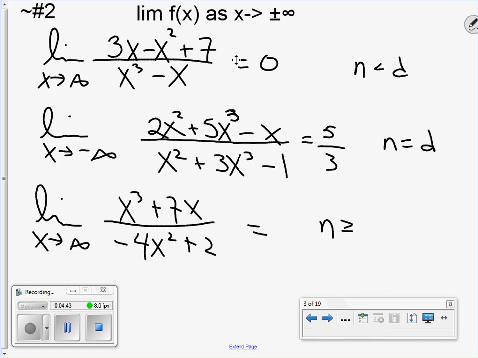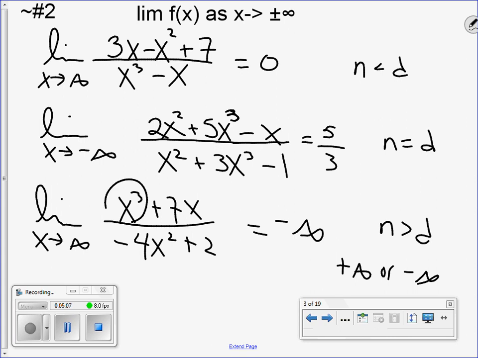Oops, I don't know why I wrote that. Negative. Numerator greater than denominator. So your answer is always going to be positive infinity or negative infinity in this case. So technically the limit doesn't exist. But the way you determine which one, she's right, this one's negative infinity, is you look at the sign of the leading terms. If x is approaching positive infinity, a positive cubed is positive, and the leading term in the denominator is negative, so positive over negative is negative.